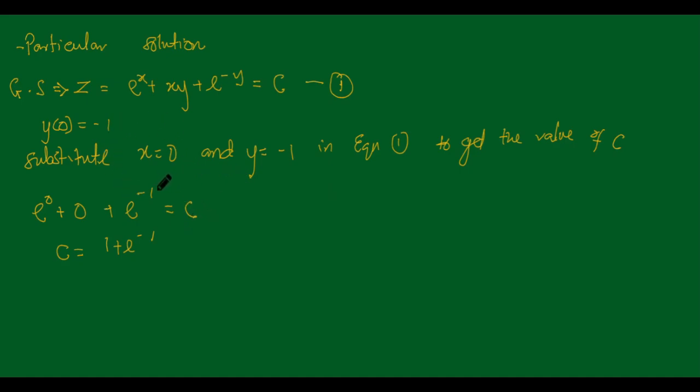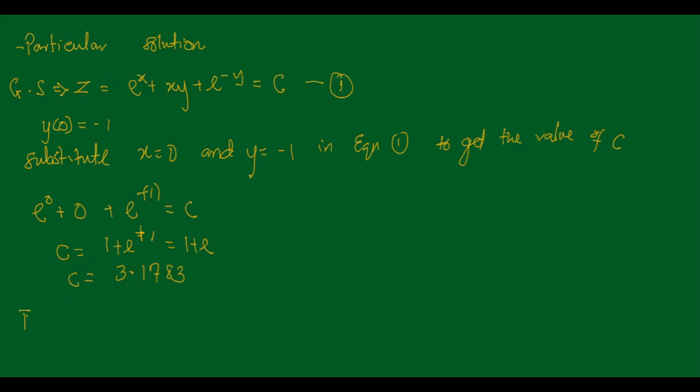Sorry, y is minus 1, so this is minus 1, so this is plus 1 instead, which is equal to 1 plus e. So in evaluating this in your calculator, you have that c is equal to 3.1783. If you punch it into your calculator, please ensure that you get the same results from your evaluations.